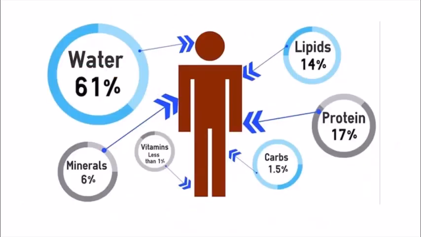Along with food, our body also requires water. Our body is made up of 60 to 70% water. Our cells contain 70% water. Even our blood plasma contains 90% water. So indirectly you can say that water is an essential nutrient.